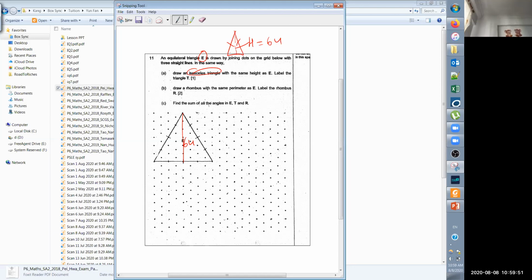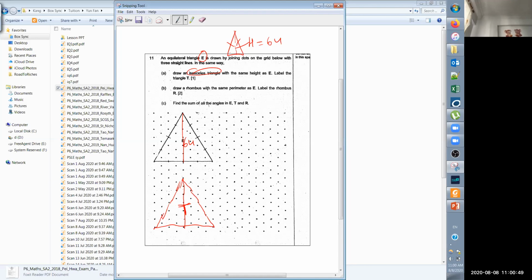So isosceles triangle height is the same. 不用紧啊，你就直接重画它就好了。重画咯，1、2、3、4、5、6，然后直接再画咯。然后这里1、2、3、4，这个就 OK 了。你可以跟他画的一模一样啊，他没有要求你说不可以一样，对不对？OK，这是其中一个方法。OK，next，draw a rhombus with the same perimeter.